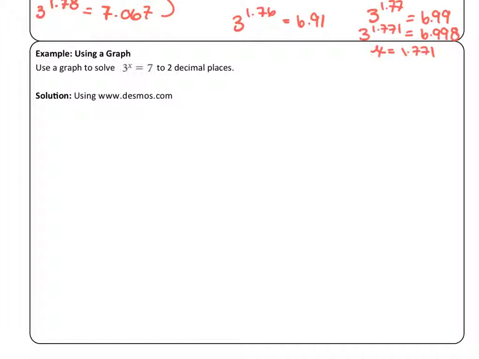On Desmos, when I went to save the graph with the point on it, it wouldn't let me.